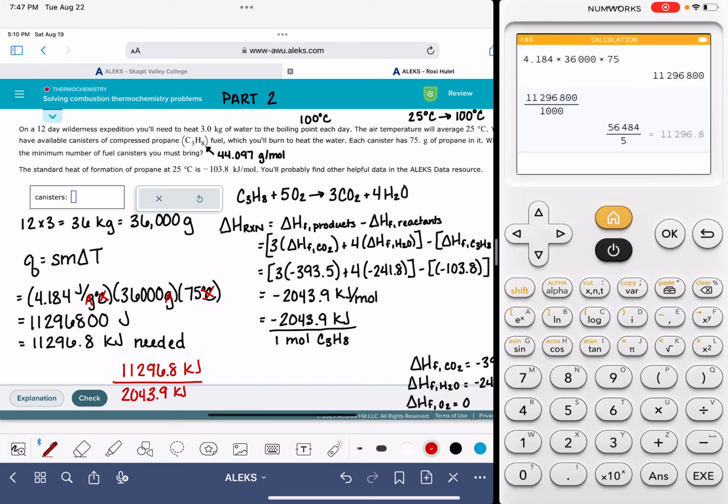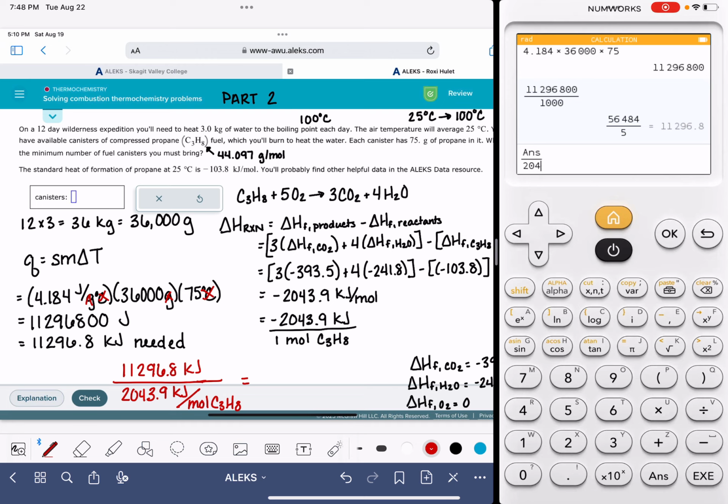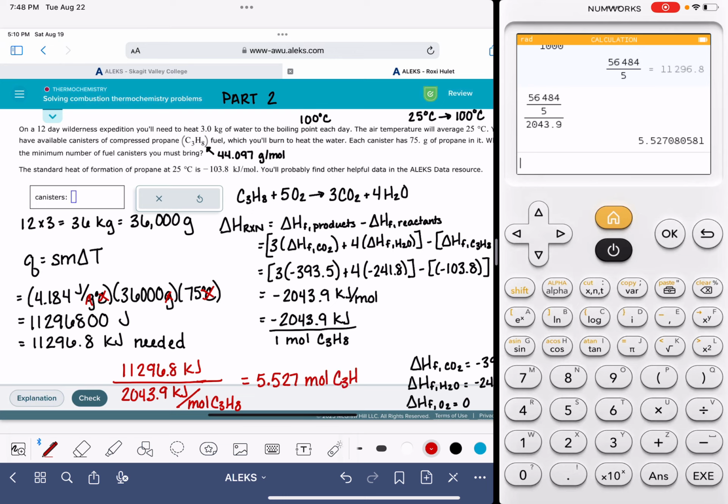2043.9 kilojoules per mole. And when we do the math on this, actually let me bring that kilojoules per mole of propane back, mole of C3H8. And when we carry out the math on this, 2043.9, this is going to tell us how many moles, 5.527 moles of fuel, C3H8, that I need in order to heat up all of this water by that specific amount of temperature.